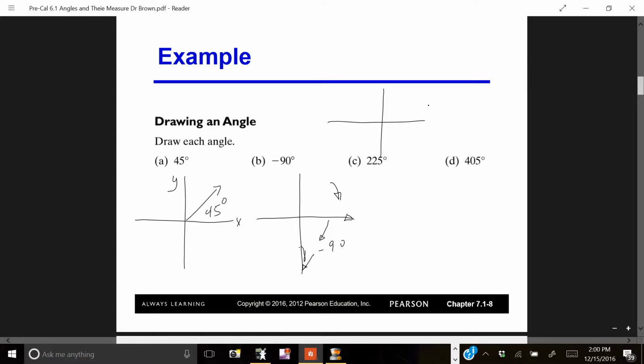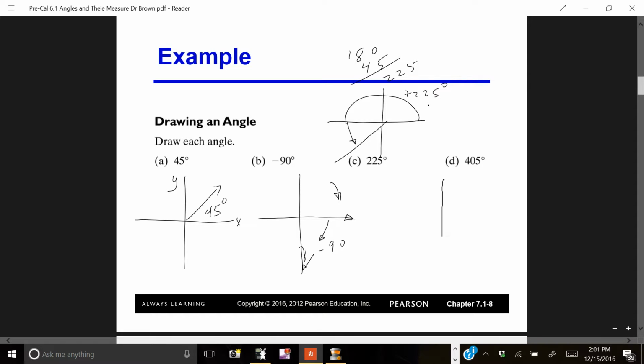We'd need to go 180 plus another 45. And this would be plus 225 degrees. Notice it's 180 degrees, and to get to 225 we need to add 45 more, and there we have 225 degrees.